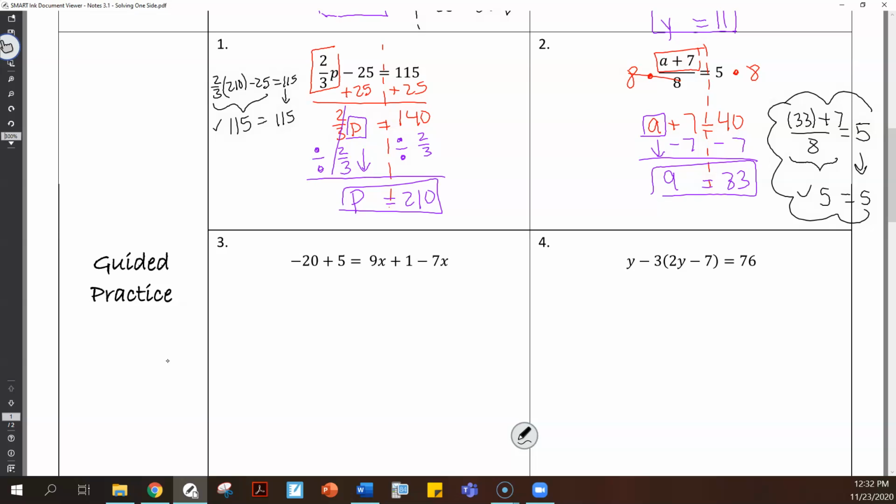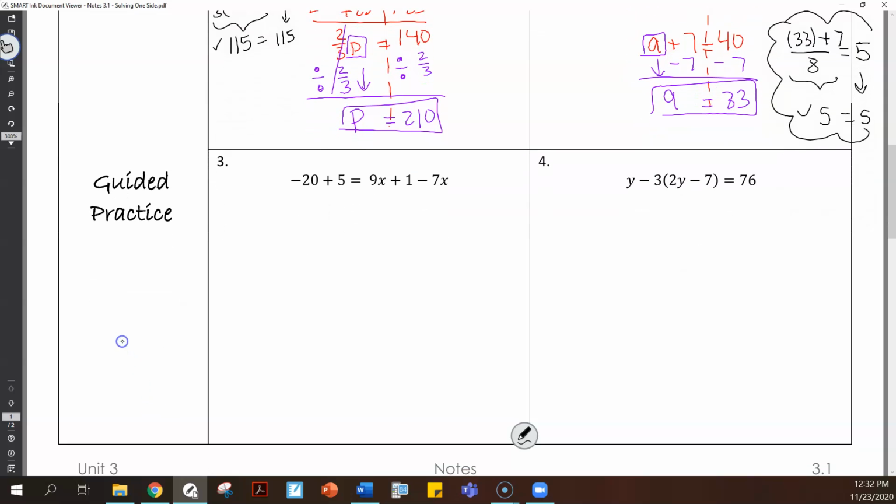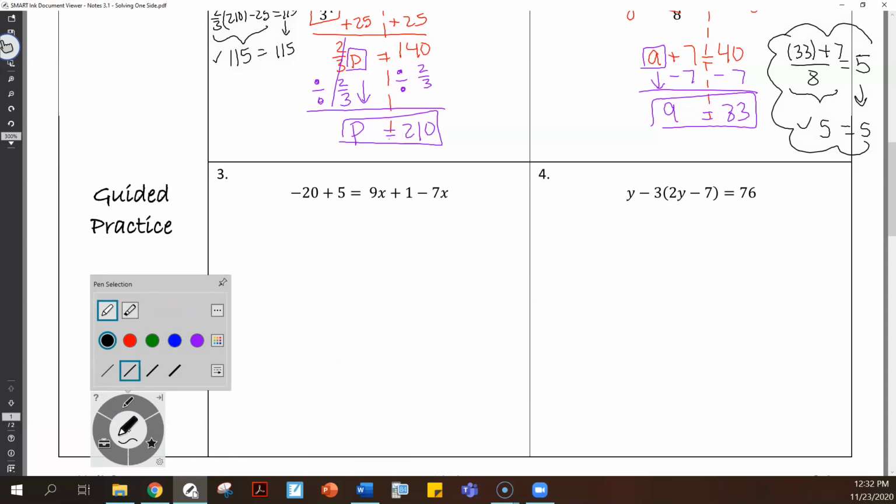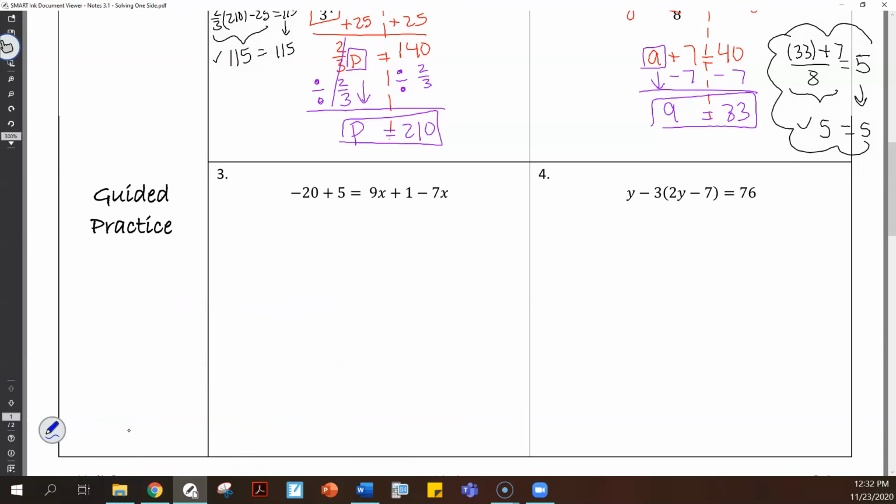To kind of refresh your memory for number 3 and number 4, I like to use a little acronym that helps me remember the steps. So remember, my first step is to distribute, if I can. Number 3, I don't have to distribute, so I'm just going to skip that step.